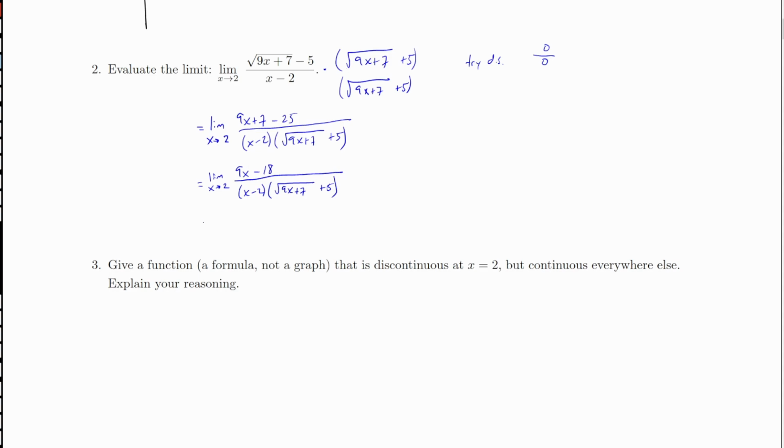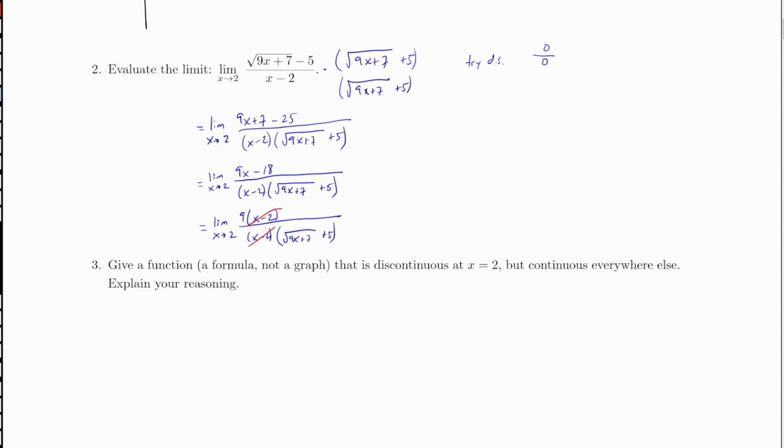Now in the numerator I can factor out a 9. So we have 9 times x minus 2. And what we can do now is cancel these x minus 2 terms.